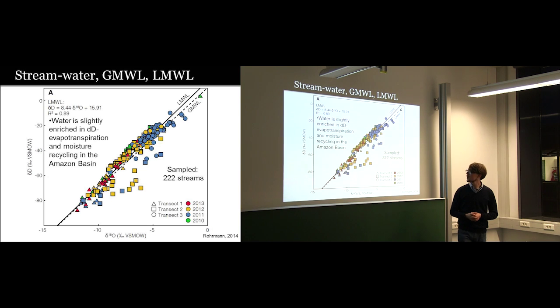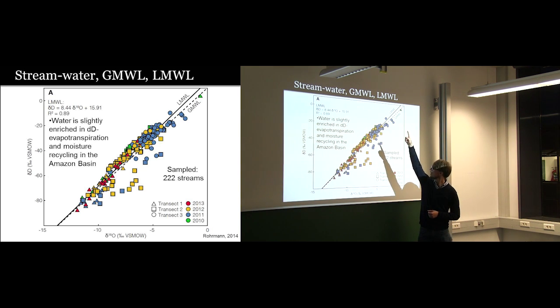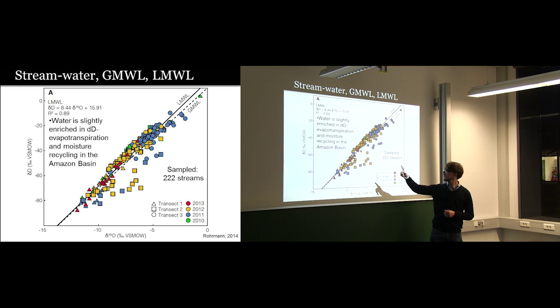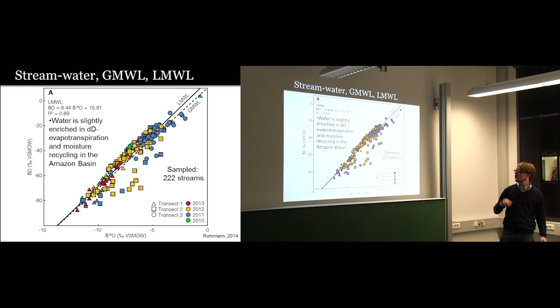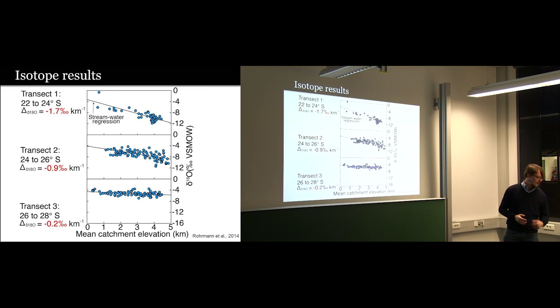However, you see already some complications. For example, all these round circles in our transect 3 plot at just one location. That becomes much clearer on the next slide, when you plot this isotope data versus elevation, as shown here.